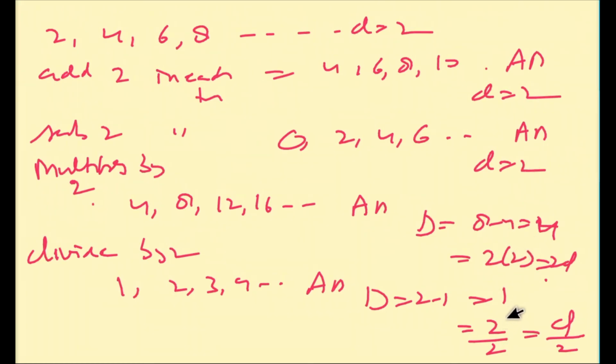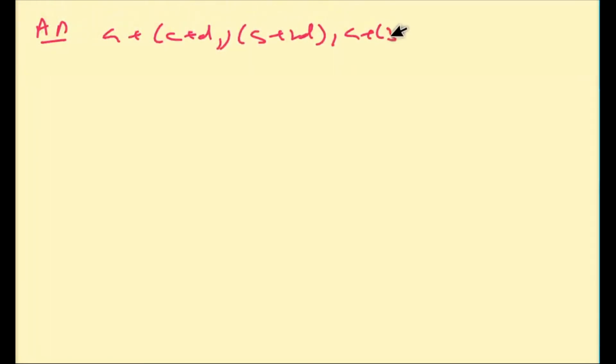Now we can say it this way. Let the AP be a, a plus d, a plus 2d, a plus 3d, and so on. The AP common difference is d.